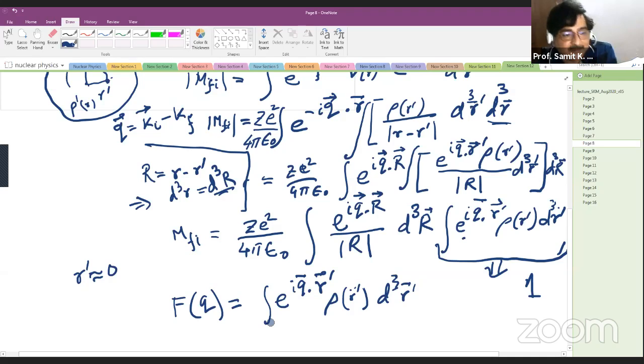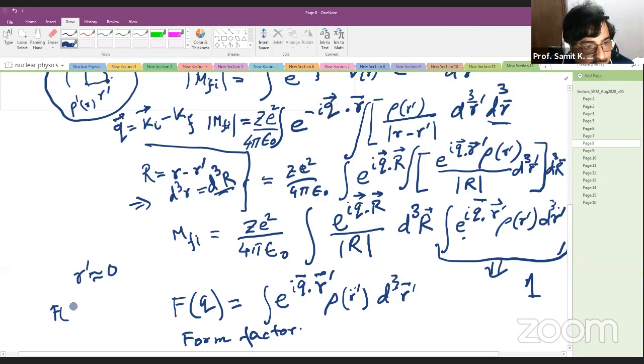So this quantity F q is called the form factor. This is the form factor. Sometimes it is called the nuclear form factor. And you can see if r prime is 0, this quantity goes to 1. For r near 0, F q goes to 1. For a point-like object, the whole thing will be modified.